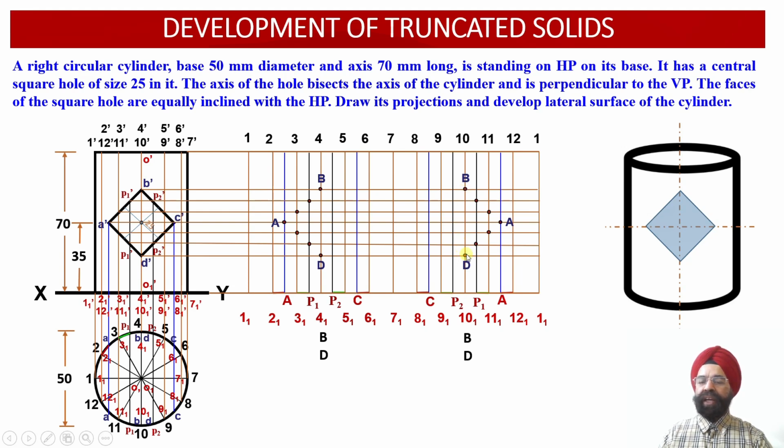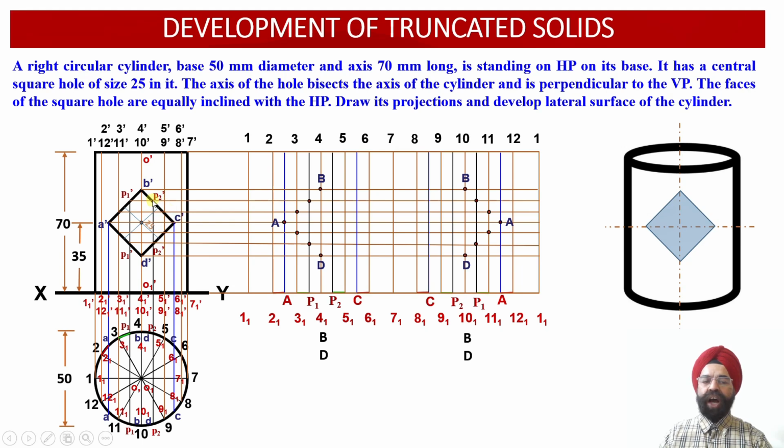So this way, 2 points on the front face and 2 points of intersection on the rear face have been identified. Now the next 2 points correspond to the artificial point P2 dash, which we had marked in the front view projections.